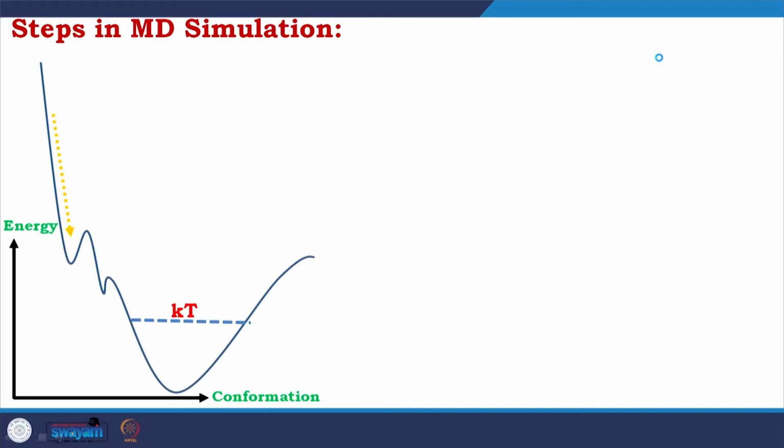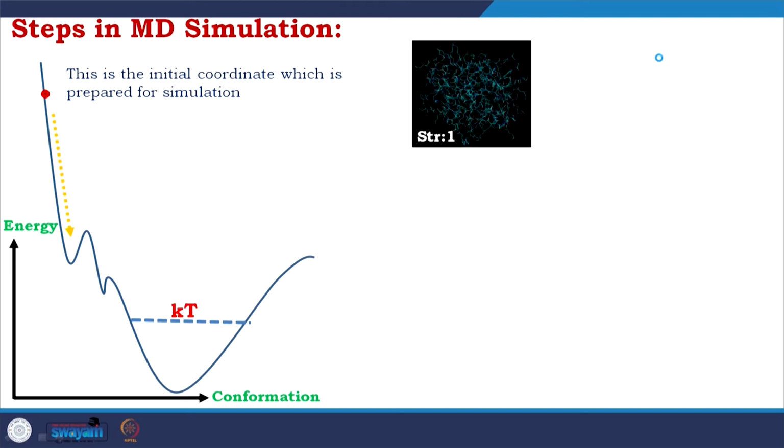We are coming back to the process of simulation. So, we would look at the steps in MD simulation. First, as we have talked earlier, this is the initial coordinate which is prepared for simulation. But as I told earlier, from this initial coordinate you could not directly go to simulation.